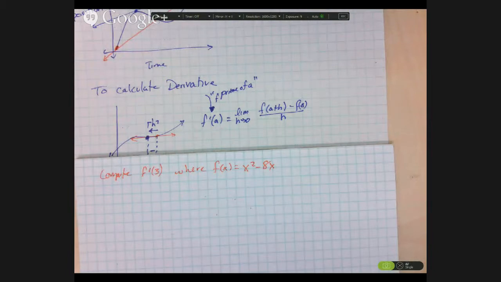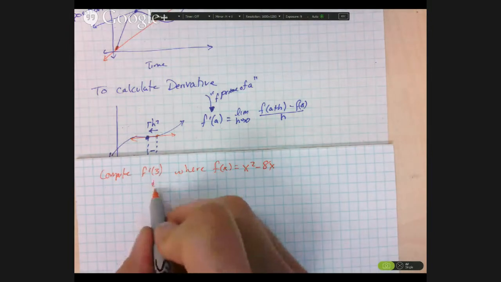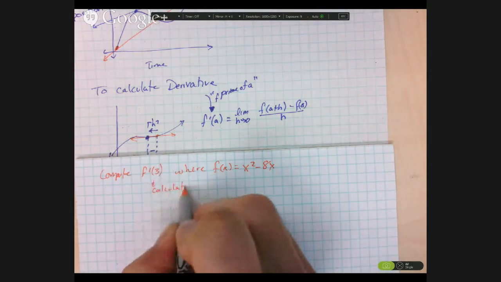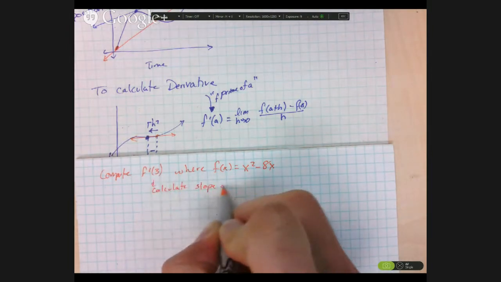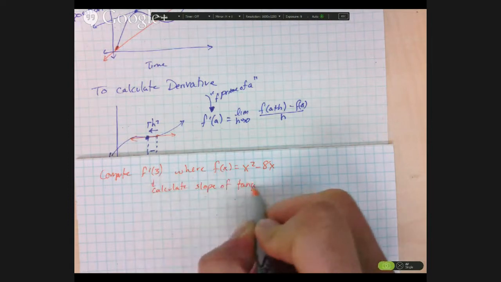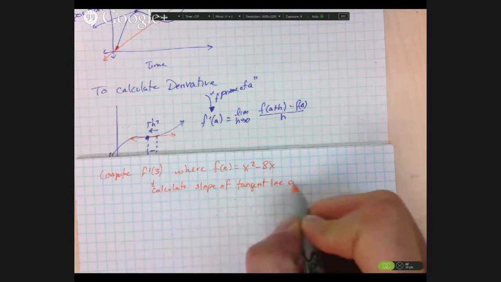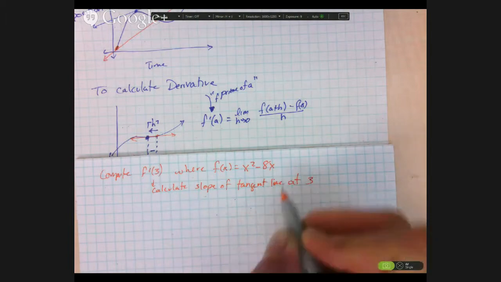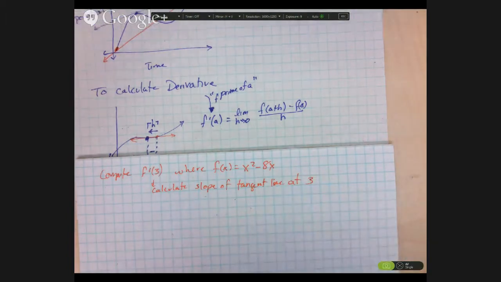So we're going to use that definition to calculate the slope of a tangent line at 3. Is that the limit as h approaching 0?